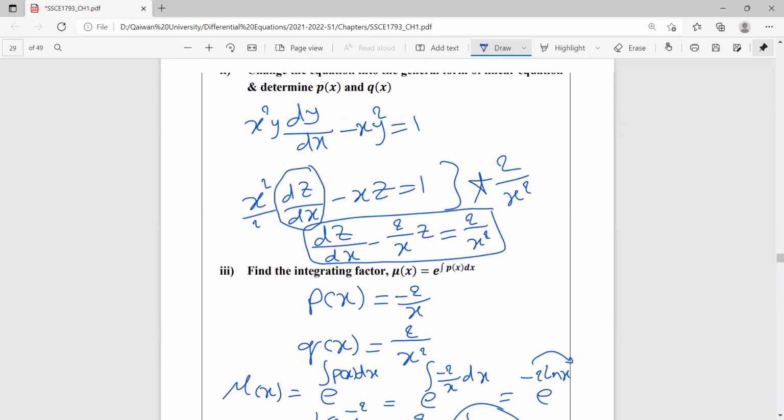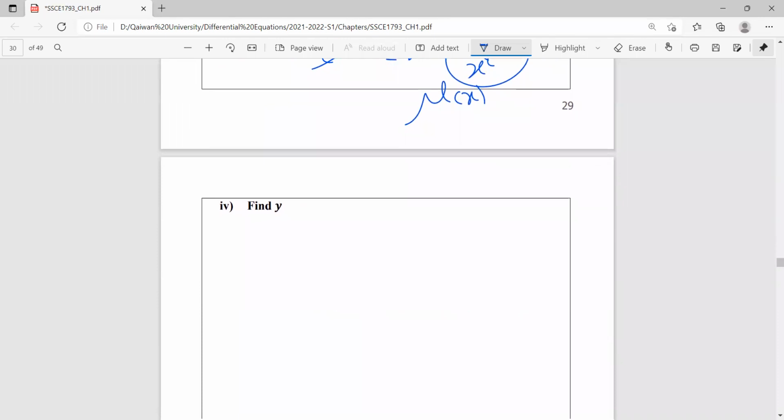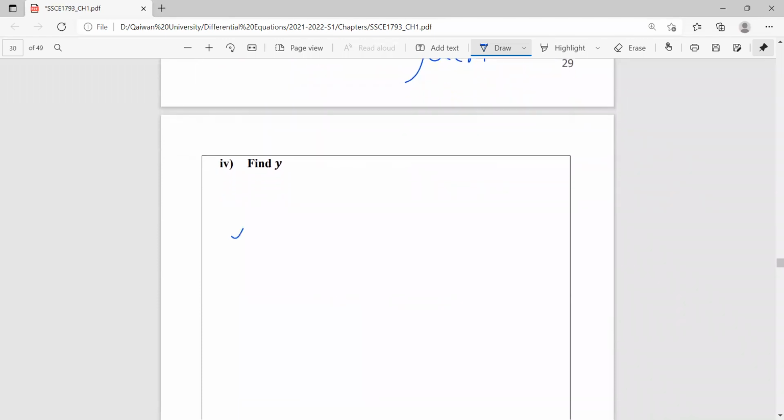And now we have only one more step to find y. It's better to do it in 2 steps, not to be complicated. We say mu times y equals the integration of mu times q of x dx.